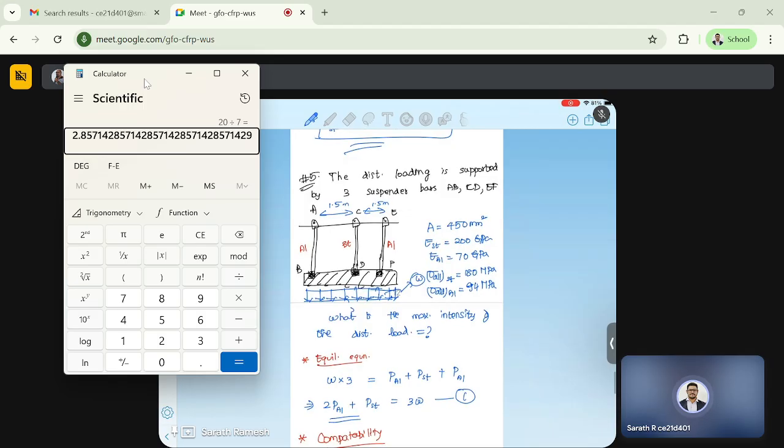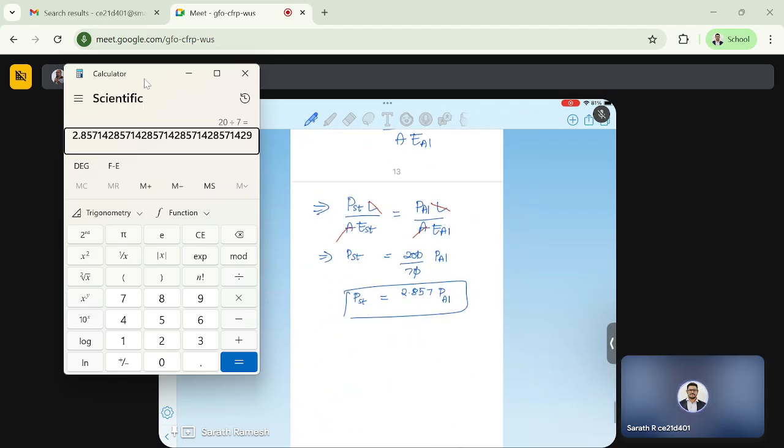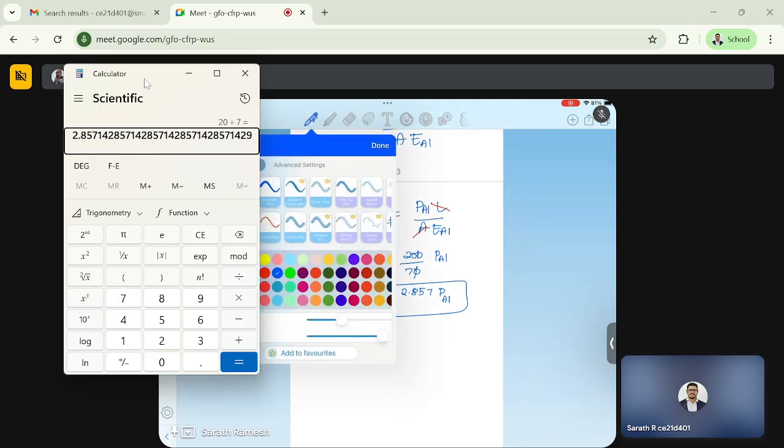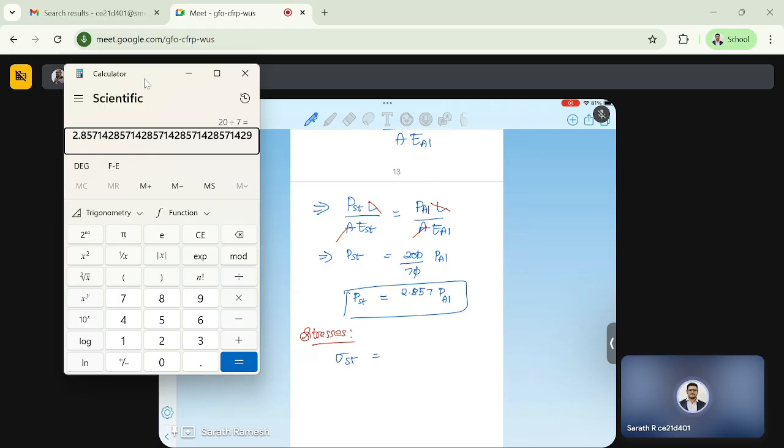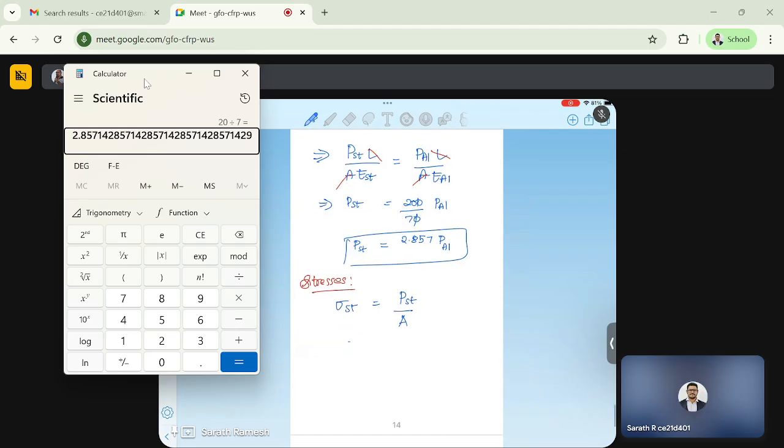So what is the stress in aluminum and steel? Okay, finding stresses. Sigma_ST will be equal to P_ST divided by area, which is 2.857 P_aluminum by area.